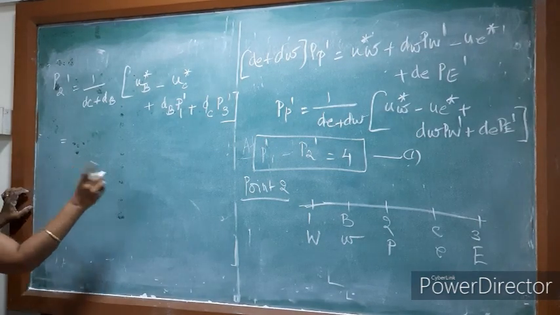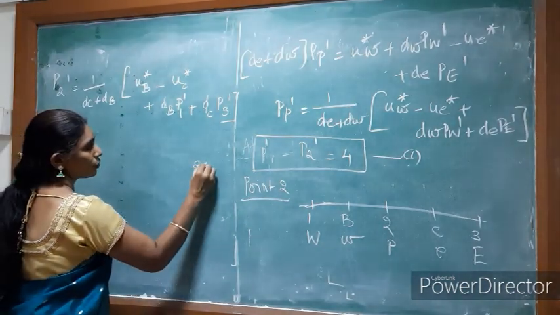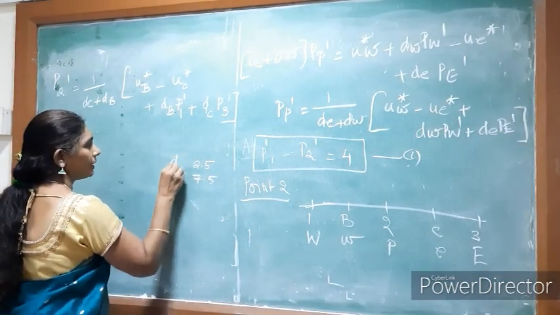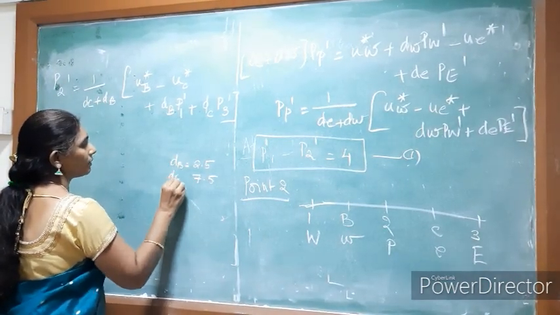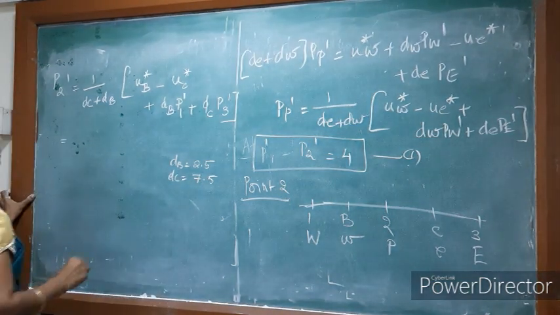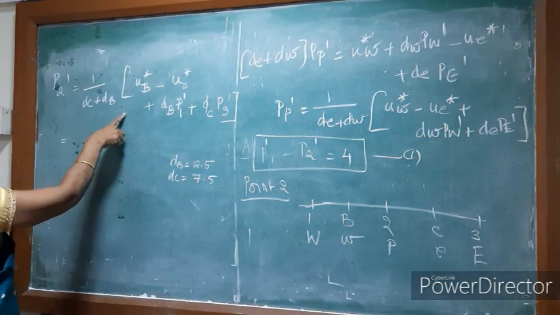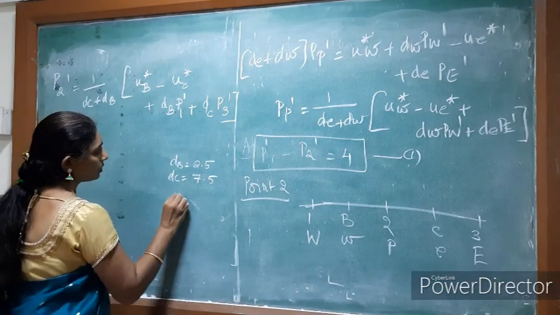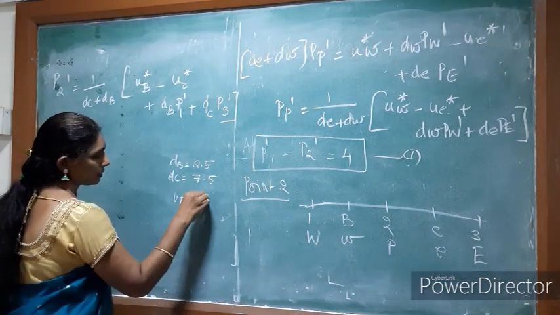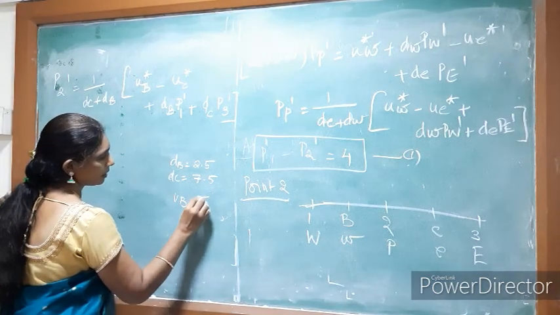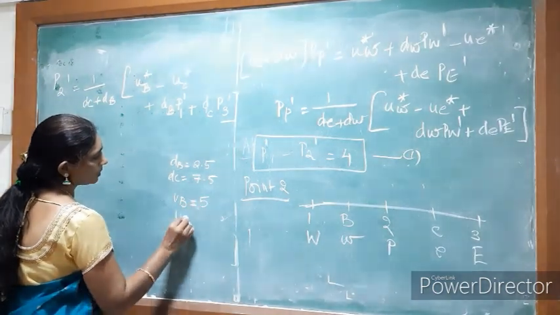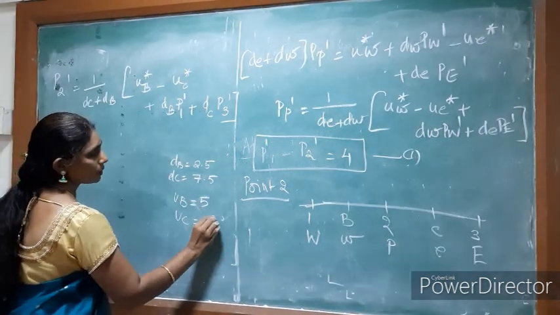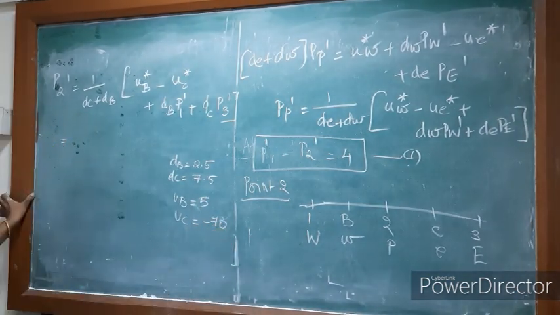We have already seen that dB was 2.5 and DC was 7.5, right? From the given condition we have arrived at this. And what else we need? dB, DC we have. Of course UB we have got the value, which was 5. And UC was, I'm sorry, yeah, it was 5 only, and UC was minus 70, right?